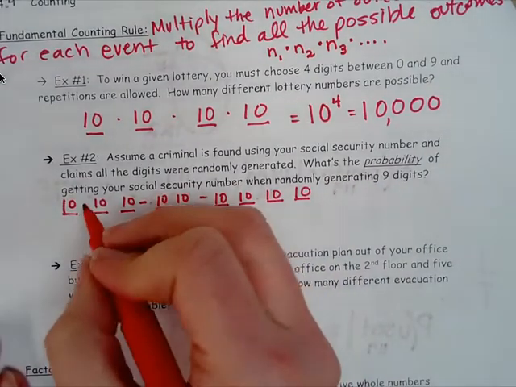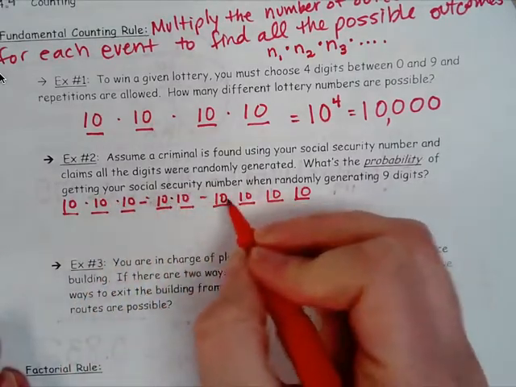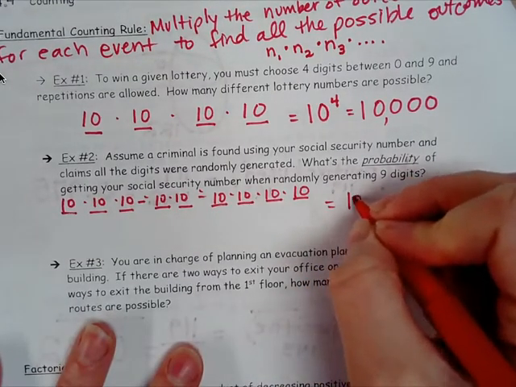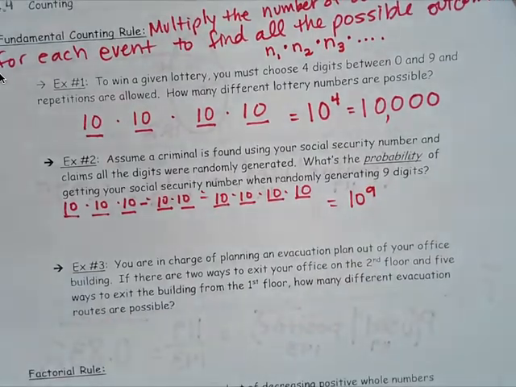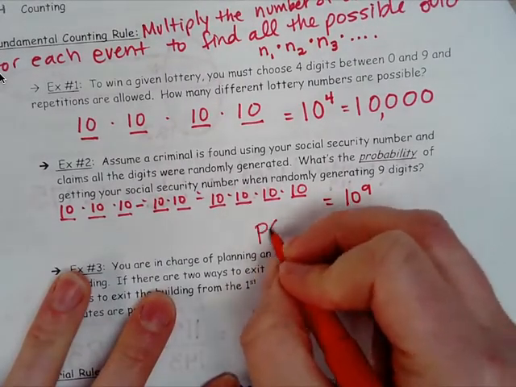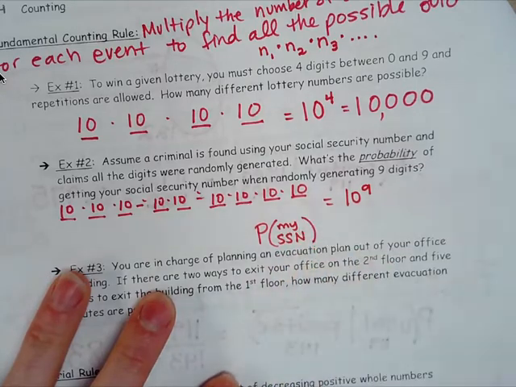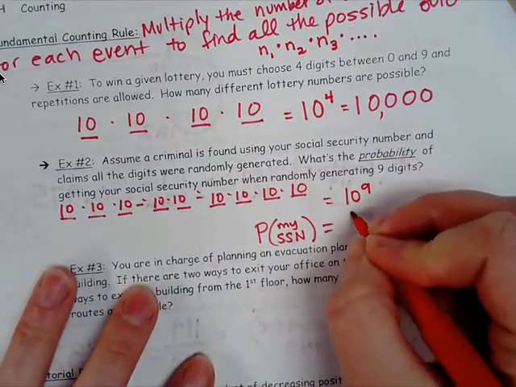So we are multiplying all these outcomes to get how many options are there, how many different combinations. So that's 10 to the 9th power. So it's a 1 with 9 zeros. I'm not going to write it out. But then the probability of getting my unique social security number is 1 out of that.